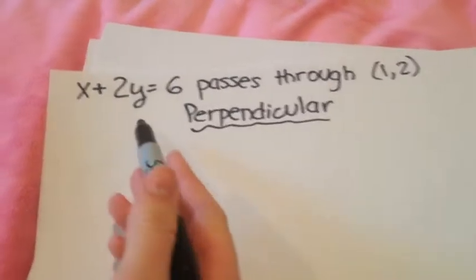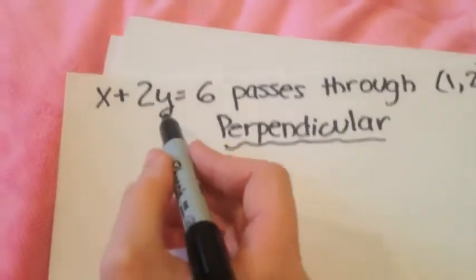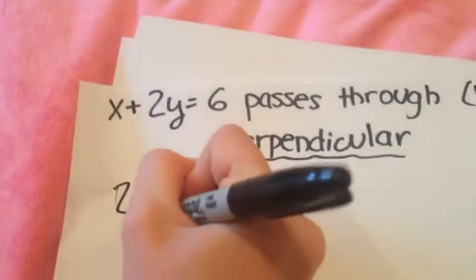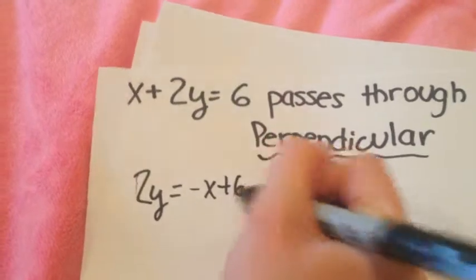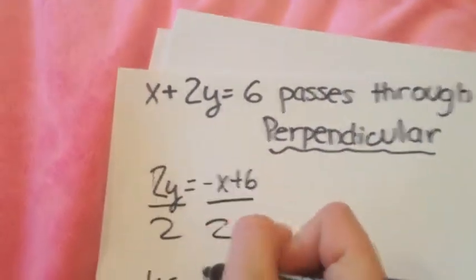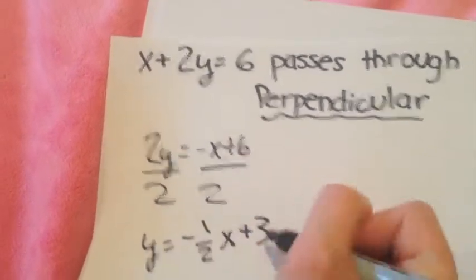Lastly, we are going to find a line that is perpendicular to this line and contains this point. So we want to find the slope of this first. So by doing this, you have 2y, and you're subtracting x on both sides, equals negative x plus 6. Divide both sides by 2, and you get y equals negative 1/2 x plus 3.